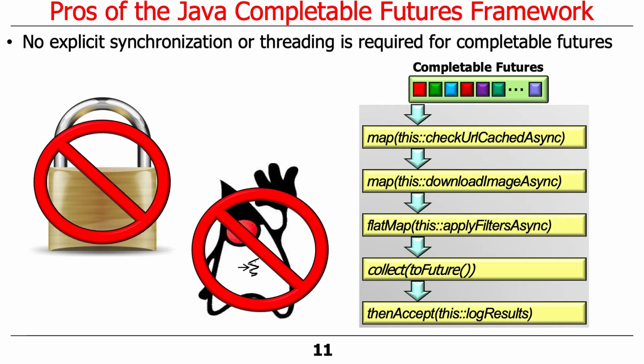Another neat thing about Completable Futures, which is also the same benefit you get with Parallel Streams, is you don't have to spawn your own threads. They're done for you, by the common fork join pool or whatever thread pool you decide to associate with the asynchronous processing. You also often don't need any explicit synchronization. If you have things that might be accessed in parallel, then you might use something like a Java concurrent hash map.